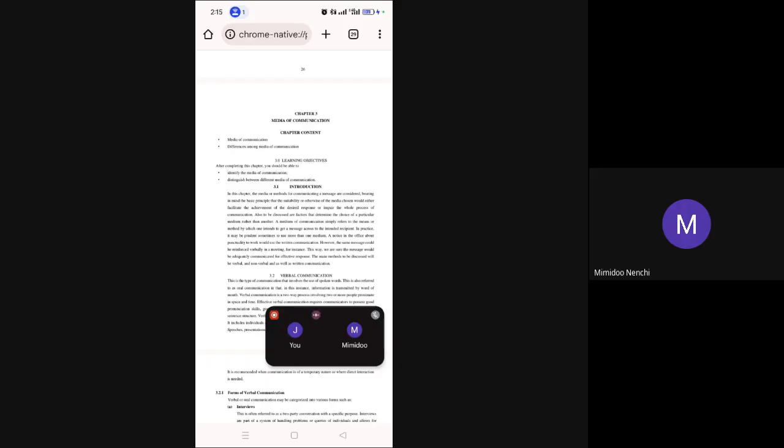A medium of communication refers to the means or the method by which one intends to get a message across to the intended recipient. That is the means or the method you want to use to pass your message to your receiver.